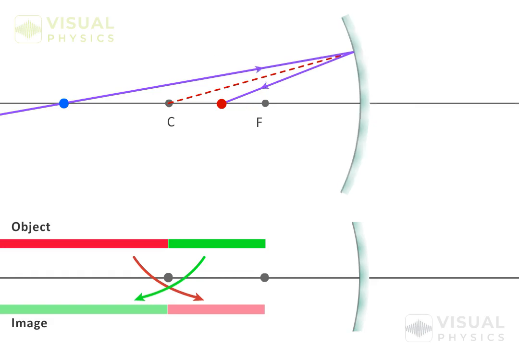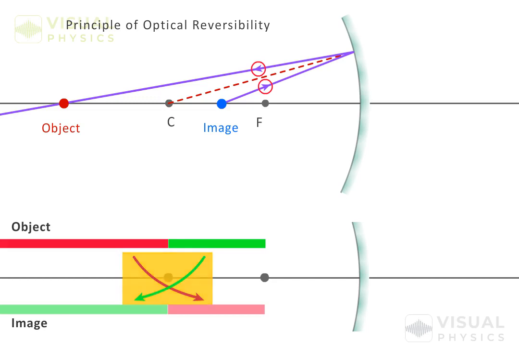And from the principle of optical reversibility, we can say that for a particular position of object and image, we can just reverse the direction of rays to swap the position of object and image. So this symmetry is expected. And this relationship of position of object and image in this region is the exact reverse of the position of object and image in this region.